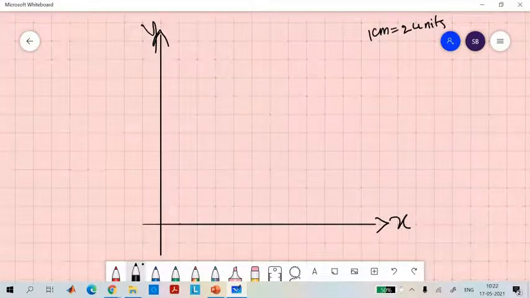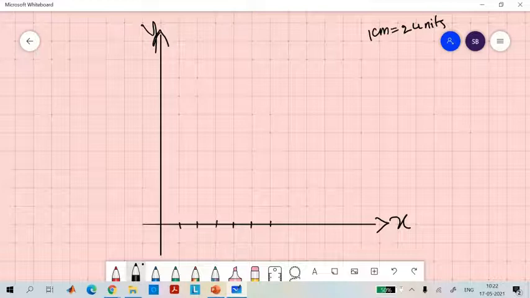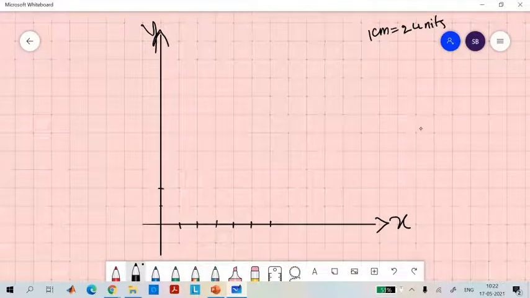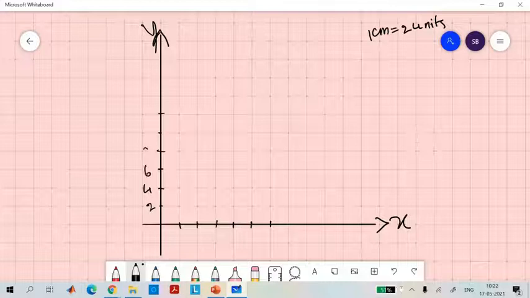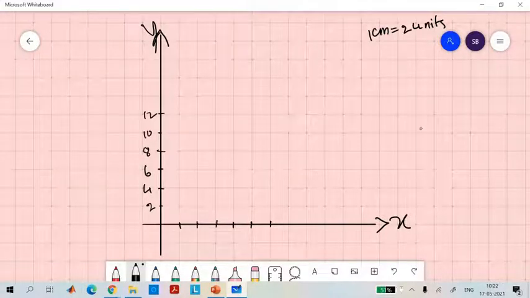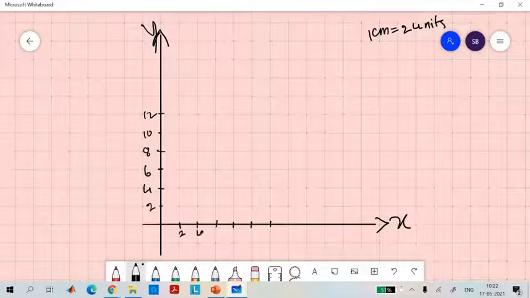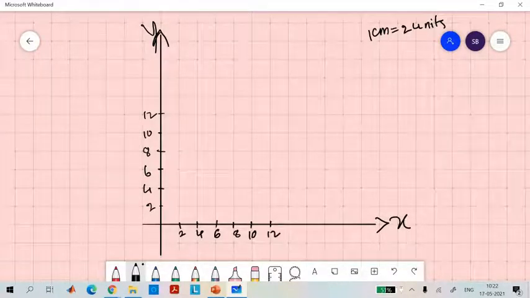If we take 1 centimeter equal to 2 units, then we require 6 divisions: 2, 4, 6, 8, 10, 12. Again, it is 2, 4, 6, 8, 10, 12.